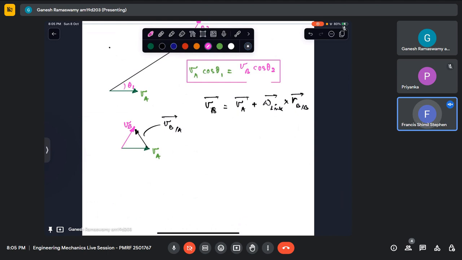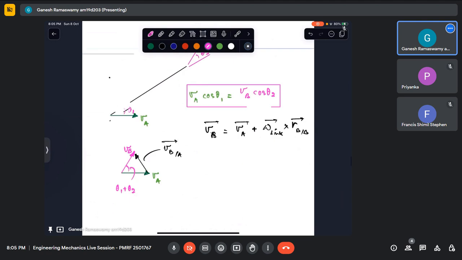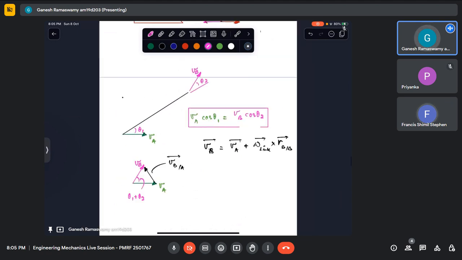That is what I meant. These two you know. With reference to this figure, this angle will be nothing but theta 1 plus theta 2.